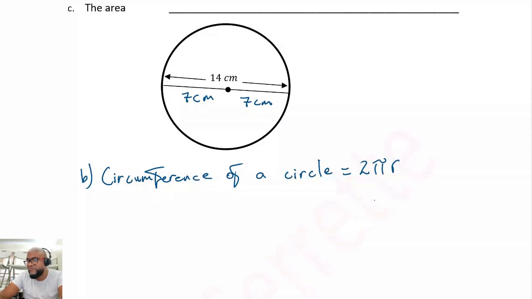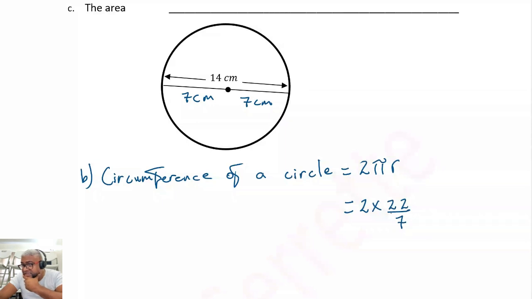So this is the formula for circumference of a circle. Write it over. Right, people? So multiplication is understood between the 2, the pi, and the r. Once they don't tell you to use pi as something else, you always roll with 22 over 7. So I'm going to write 2 multiplied by 22 over 7.